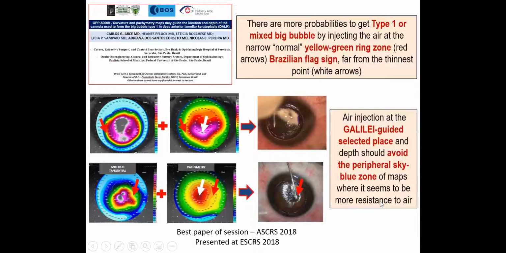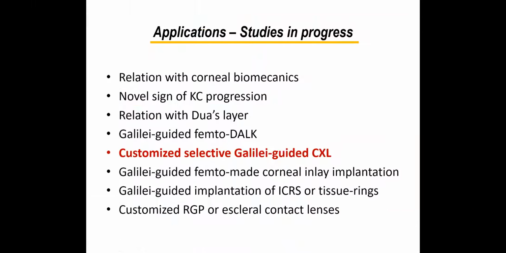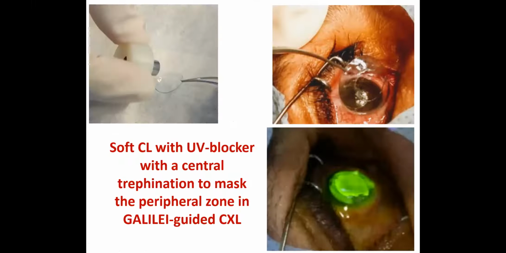We have several cases now, but this sign also allowed us to make a Galilei customized, selective, Galilei-guided cross-linking, because we can identify the real area with ectasia. We don't need to flatten what is already flat in the cornea. We are treating too much cornea.